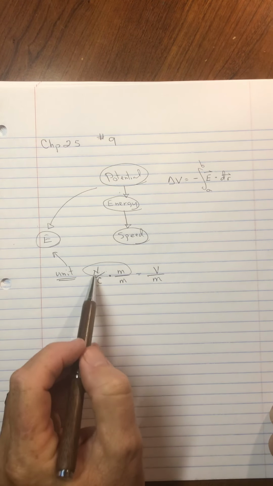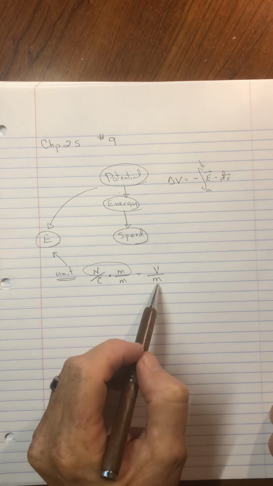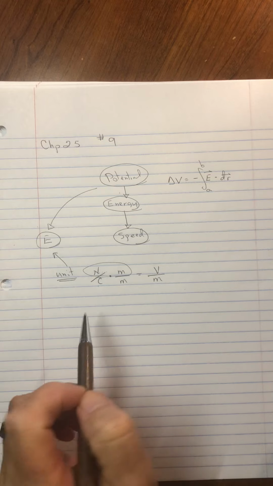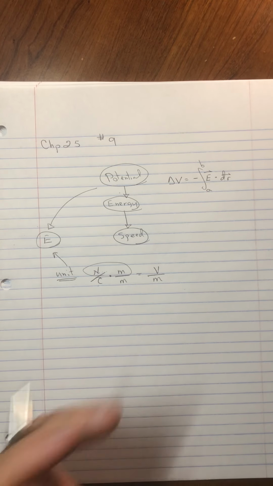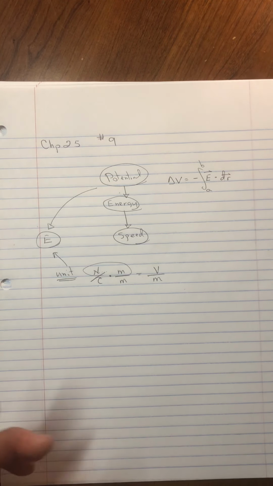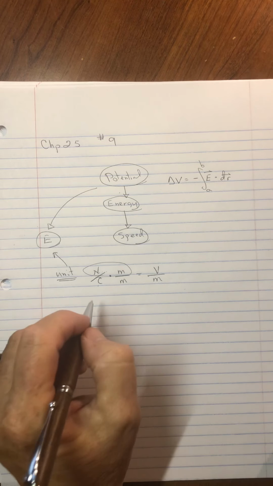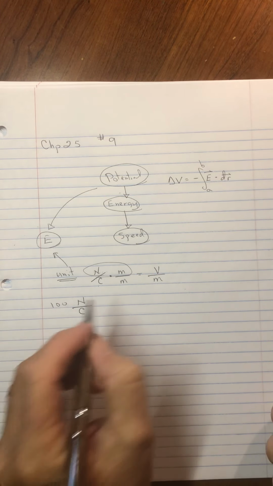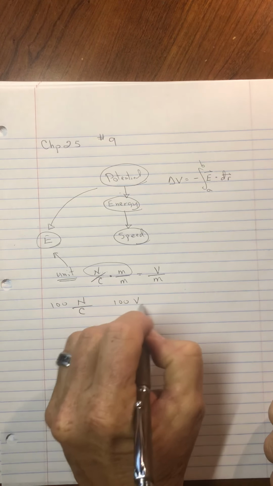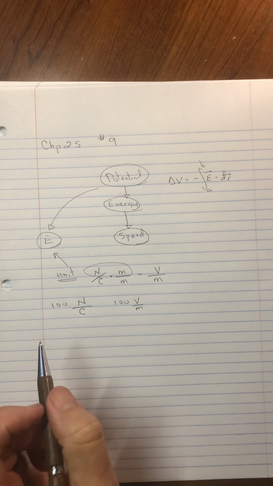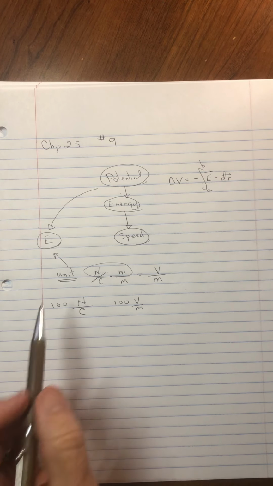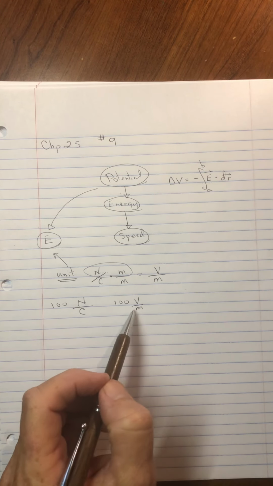So a newton per coulomb is the same as a volt per meter. You might not have caught that, but as I read the problem, it stood out because it said the electric field was 100 volts per meter. You could interpret that as 100 newtons per coulomb, that's fine, or as 100 volts per meter. They're the same thing. If you're looking at forces, the first is probably a better interpretation. But if you're looking at potentials, the second is probably better.